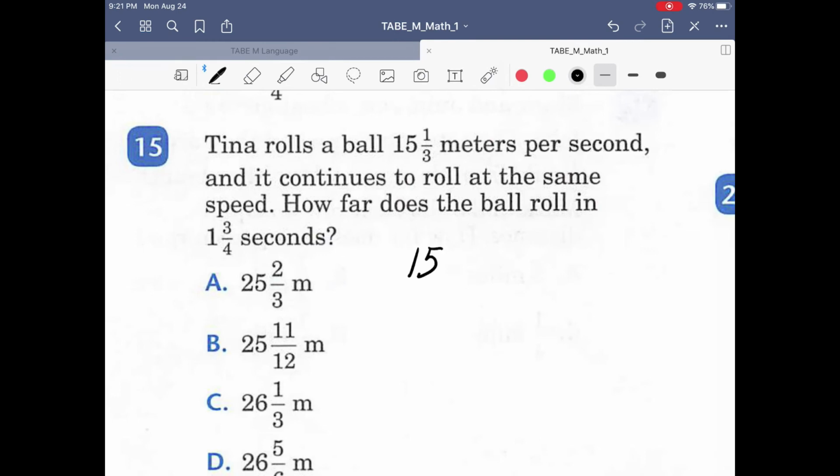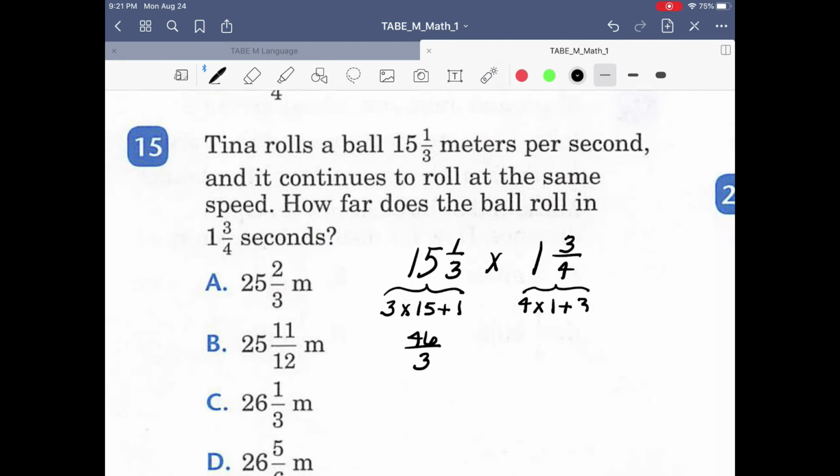So I have 15 1/3 times 1 3/4, and we need to do some conversion here. So 3 times 15 plus 1, that's 46 over 3. And then 4 times 1, that's 4, plus 3 is 7 over 4.